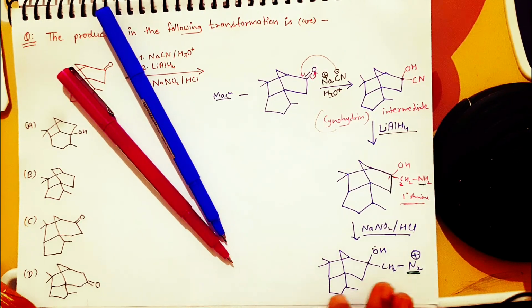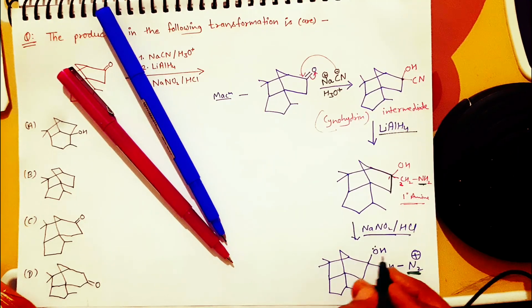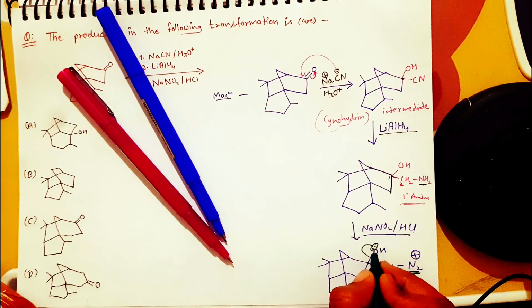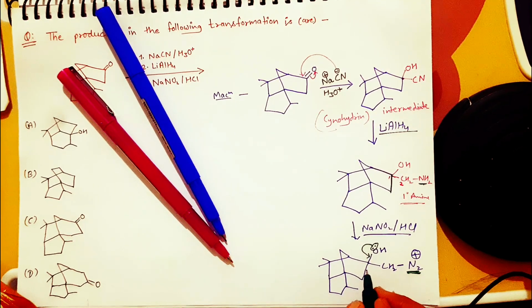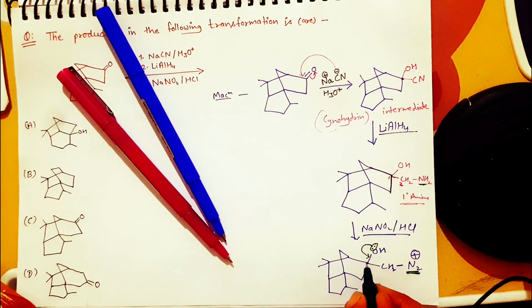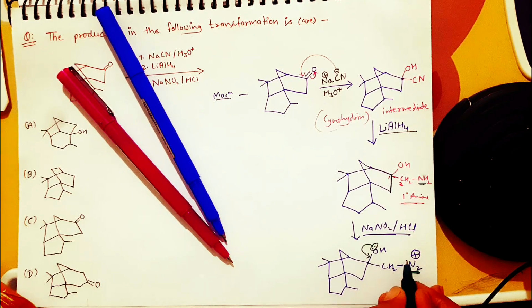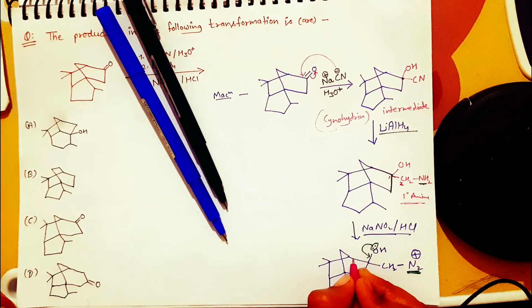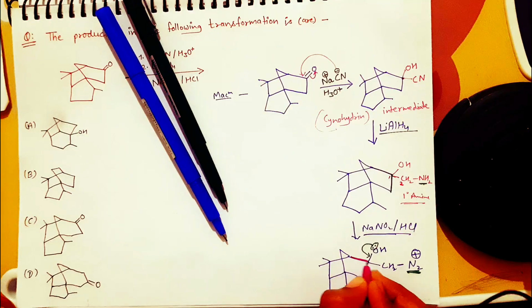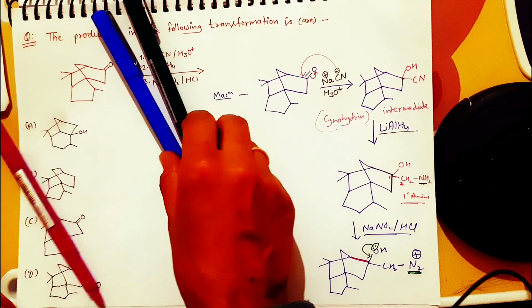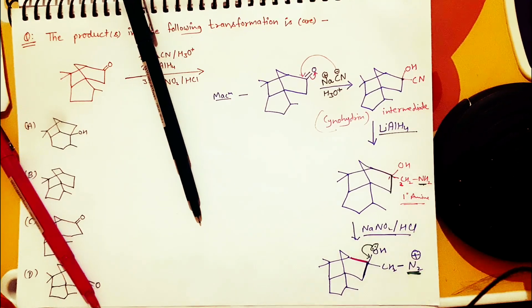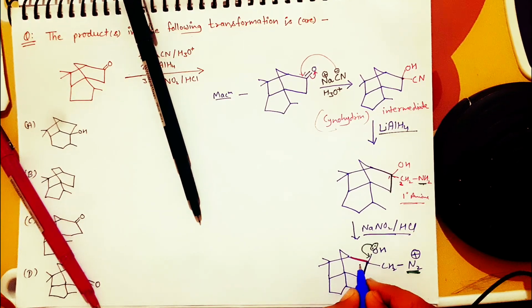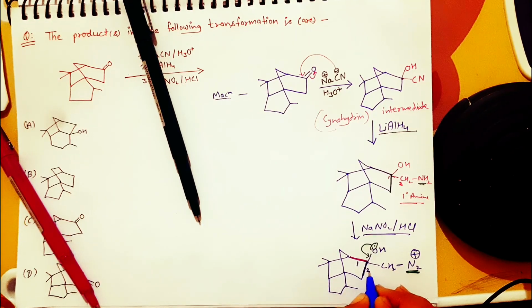So what happens at this stage? These electrons return to this bond again, and one bond migrates to this carbon atom, and this diazonium group leaves. So here you see two bonds are present. This is bond 1 and this is bond 2.